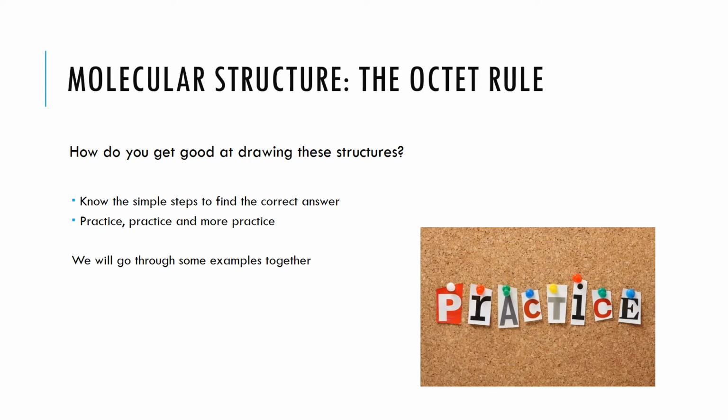It's very easy to find examples of Lewis structures through Google and other online sources, and just have a go at them. Find a couple of random molecules every week and see if you can describe their Lewis structures. You can always Google the answers. I will take you through a couple of examples now.